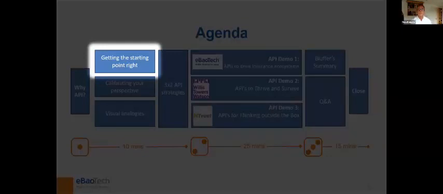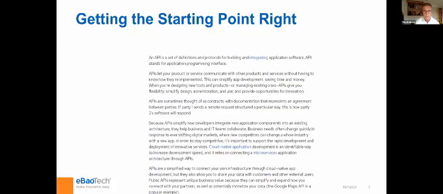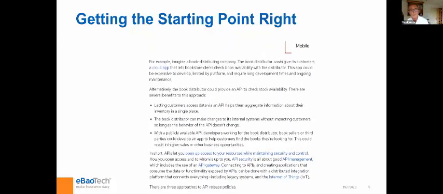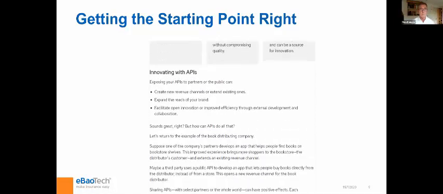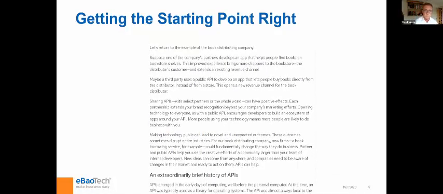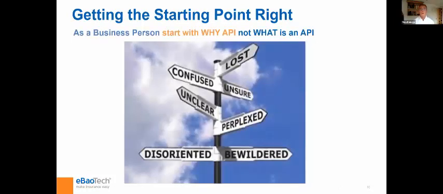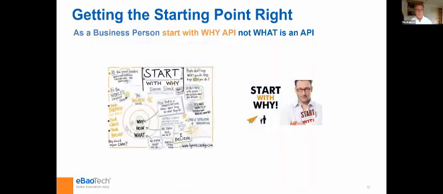So first of all, getting the starting point right. Normally with this type of talk, it starts off with a technical definition of what an API is. We're not doing that today. Getting the starting point right for us is absolutely key. It's not all about IT technical. We borrowed here from Simon Sinek's book, Start With Why.